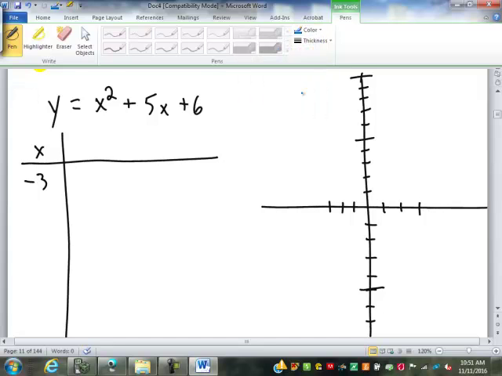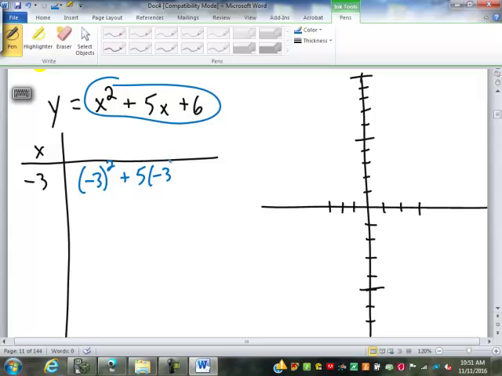So if x is -3, y is determined by this formula again. So -3 squared, x squared becomes -3 squared, plus 5x becomes 5 times -3, plus 6.